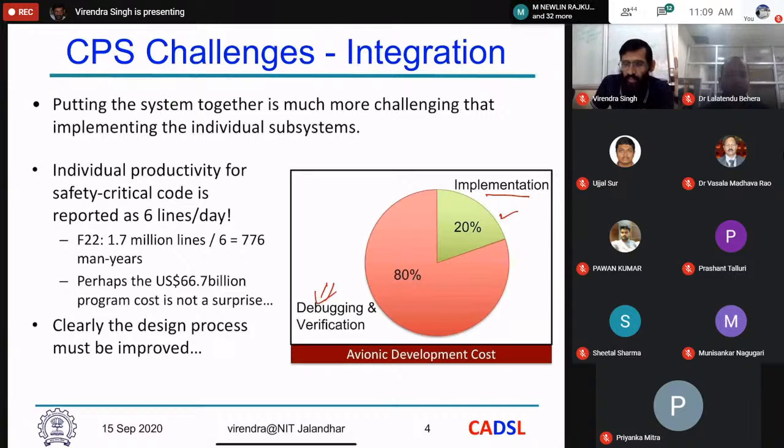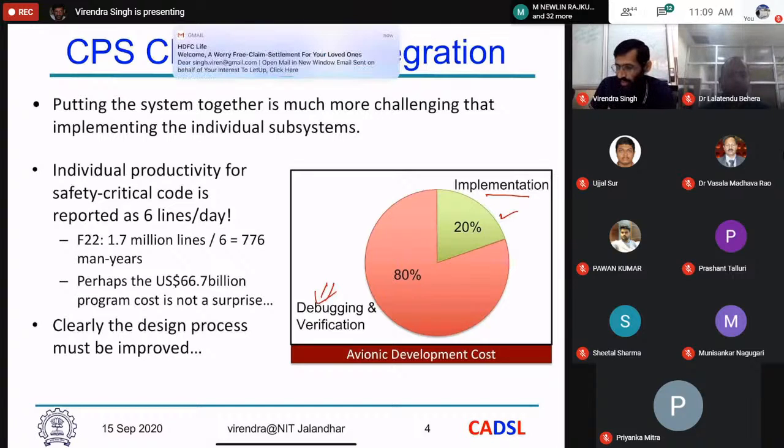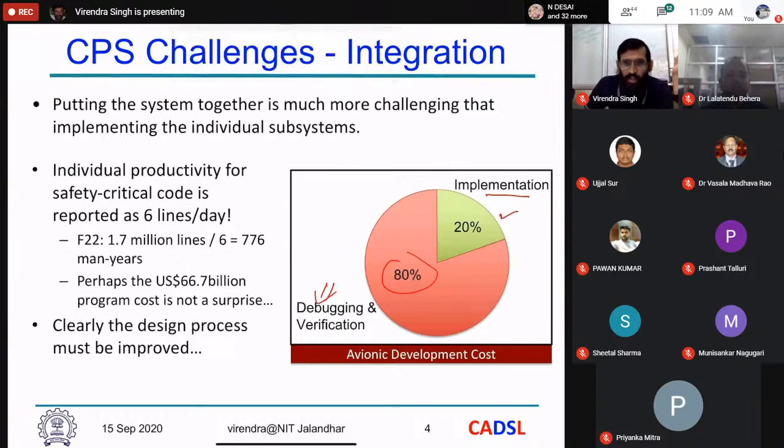One thing is I design something and then put a whole lot of effort in verifying this, or I have to design in such a way that this would be correct by construction, and I don't need to put that much effort in verifying or debugging the system.